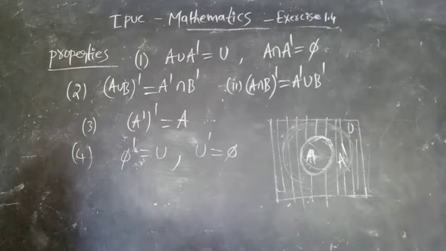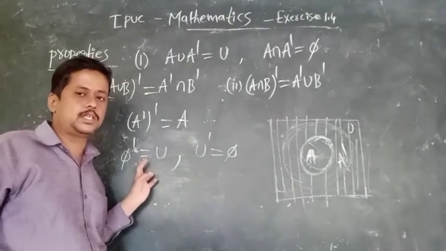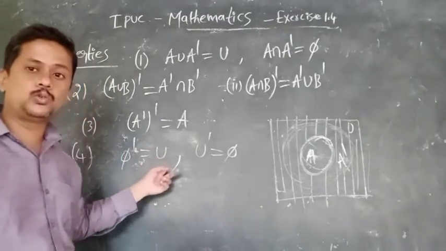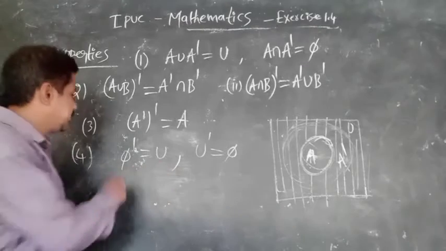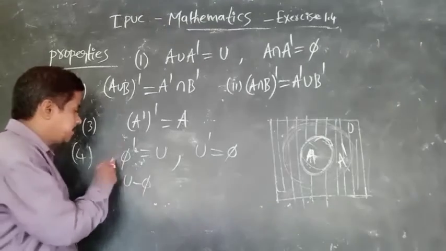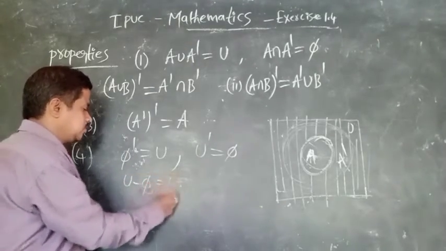Okay, not exactly cancel. Next, the law of empty set and universal set. This last one is known as the law of empty set and universal set. Phi dash is equal to U. Why? Because what is phi dash? Phi dash equals U minus phi. Phi is an empty set, so U minus phi is U only.